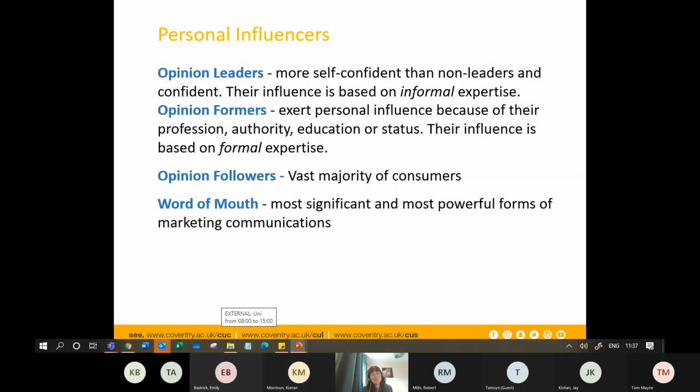Give me some examples of someone that you'd listen to, like by role, not necessarily the person. Anyone that you think, because they've said that, you've changed what you buy or how you do things?